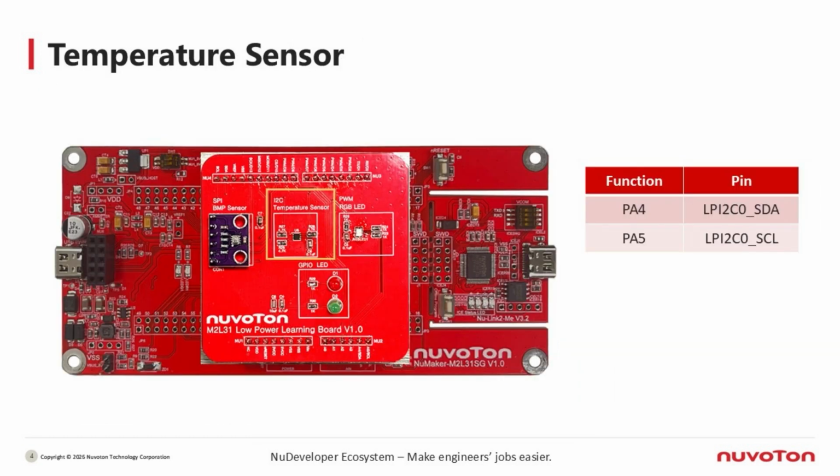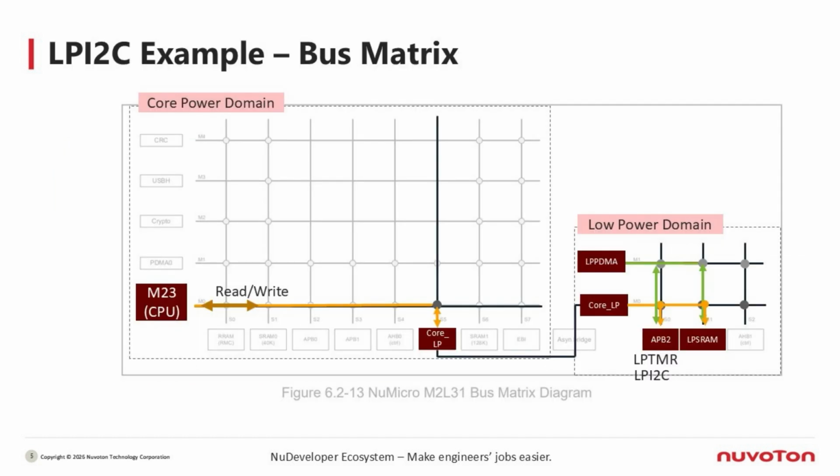The program uses an add-on board called the M2L31 Learning Board, which has an I2C interface temperature sensor, part number NCT7712Y. The datasheet can be downloaded from the sample code folder. Next, let's use the bus matrix to look at the relationship between the different peripherals.